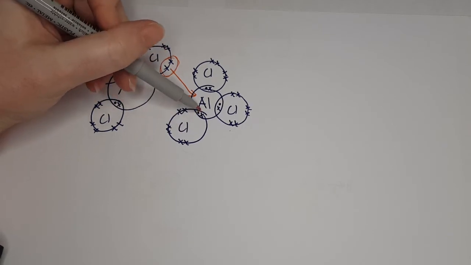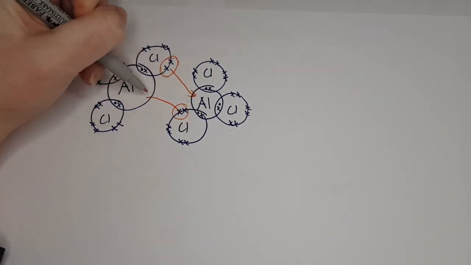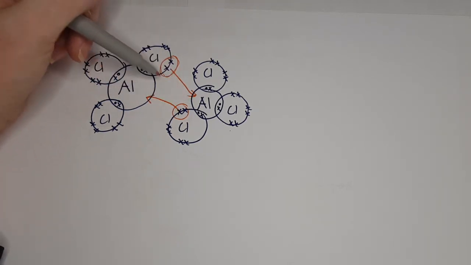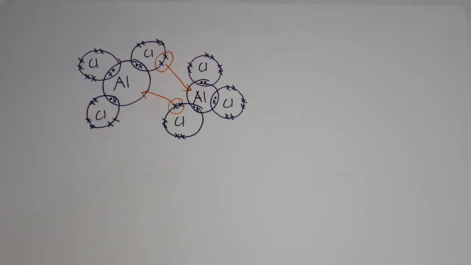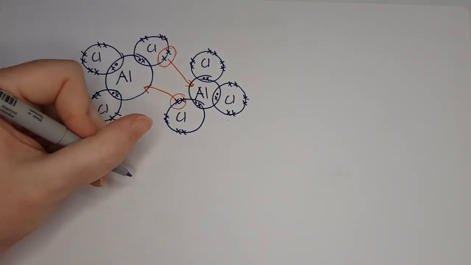And the chlorine on the other aluminium over there can also give its pair to that aluminium that's missing. So we can form 2 dative bonds to join this molecule together.